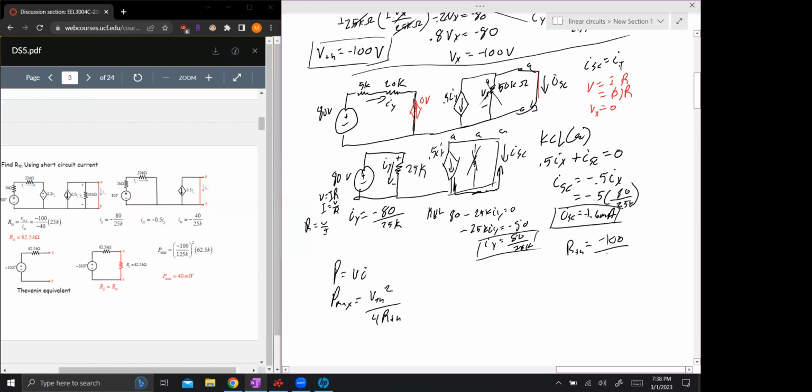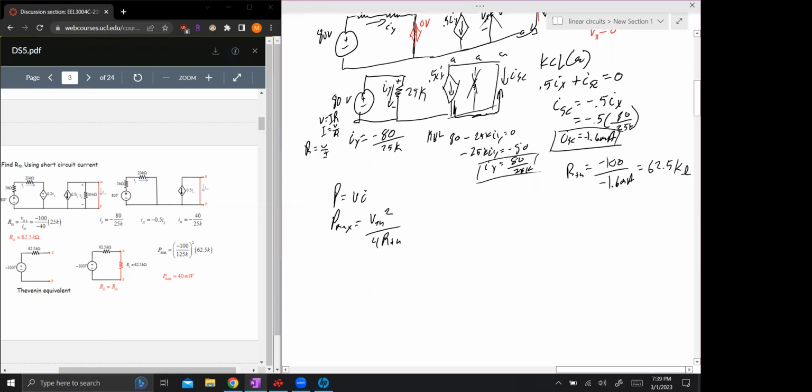We all got it in millis, whatever. And that's going to give me 62.5 kilo ohms. There you go. And so then this is obviously going to be 100 squared.